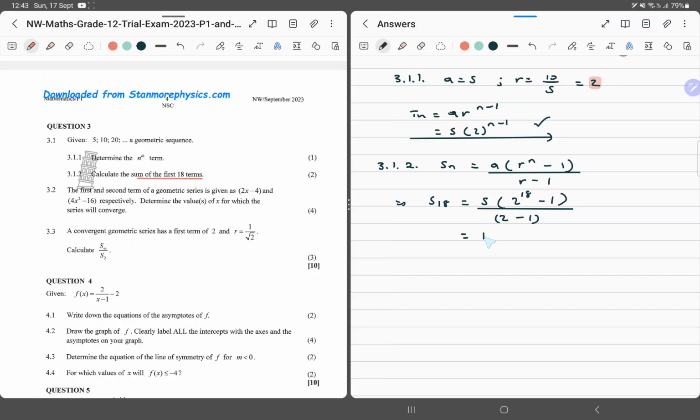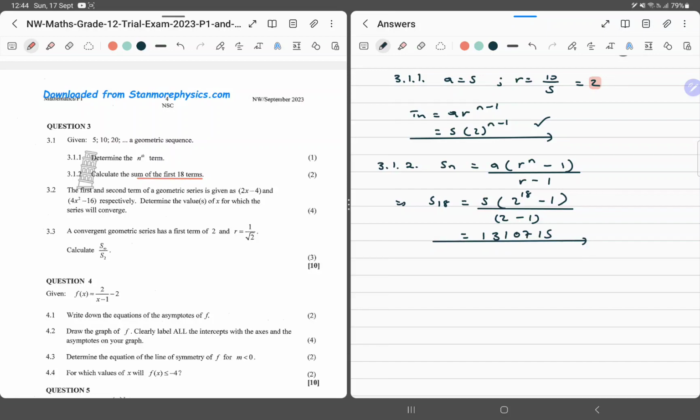And then we've got this number here, 1310715. 1, 2, 3, 4, 5, 6, 7. So this is 1,310,715.